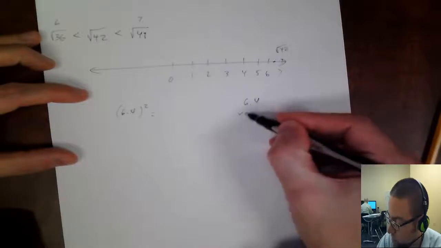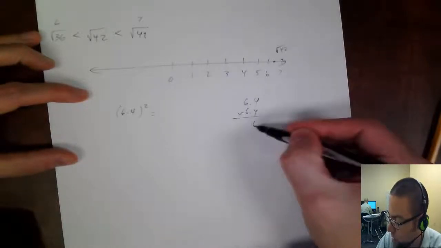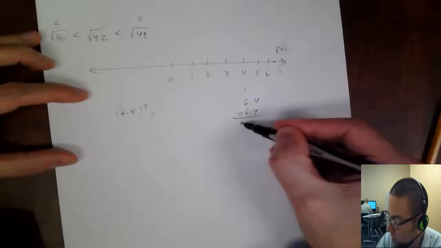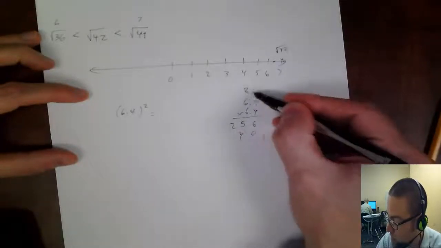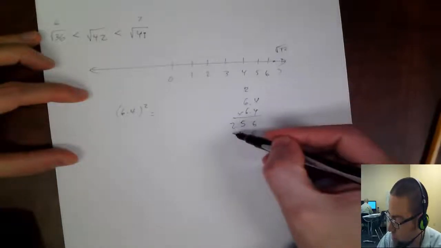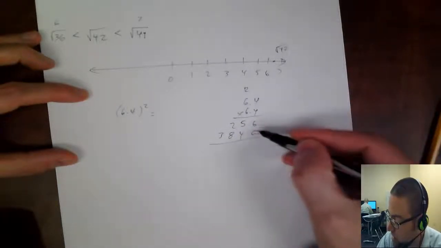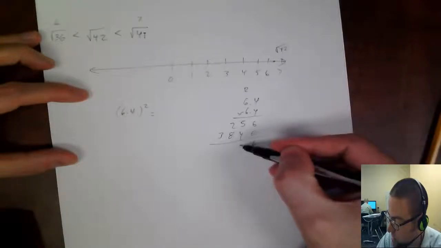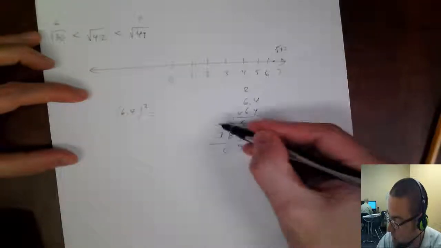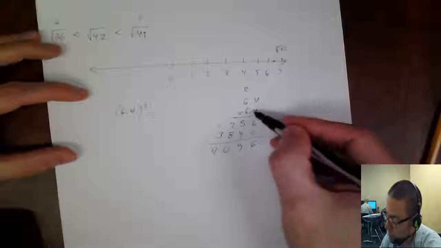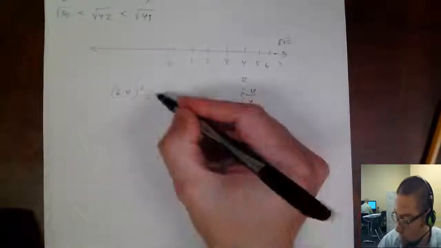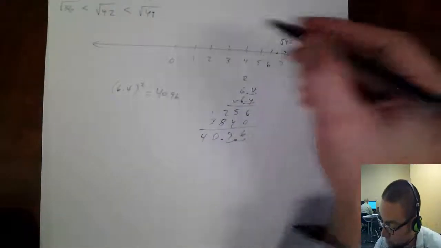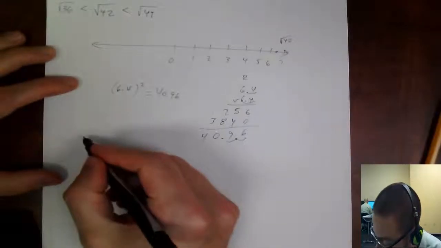So 6.4 times 6.4 would be 16, 24, 36 plus 2 is 38, and then I add these up, so I get 40.96, two decimals in the question, so two in the answer, which is too small. That helps me get a little bit closer.